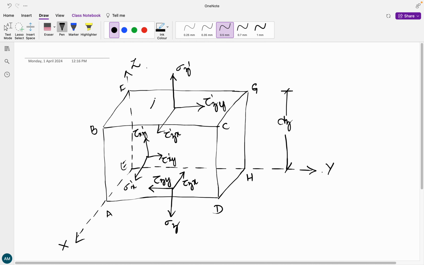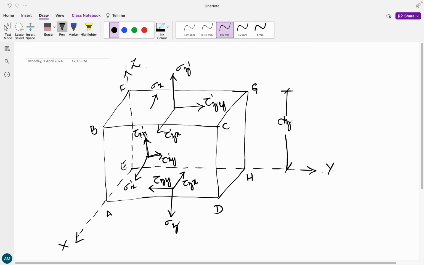So first, the negative, that is normal stress of sigma x. The left out component is x. So for the front face, it has to be positive. So I'm going to take it along the positive x direction. And then I'm going to draw the shear force for the other two planes. So for this particular shear force along x direction, so x, and I'm writing parallel to z, so z.